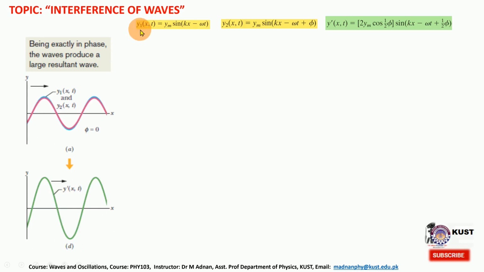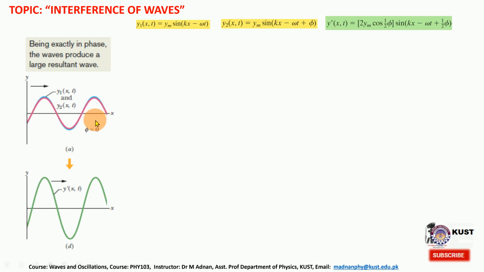So this first wave, y1, is represented by the blue line, and y2 has exactly the same parameters, ym, lambda, and also phi is 0, so that's why they are identical.